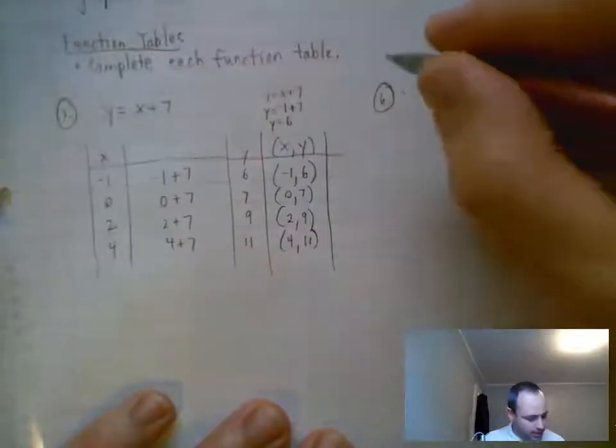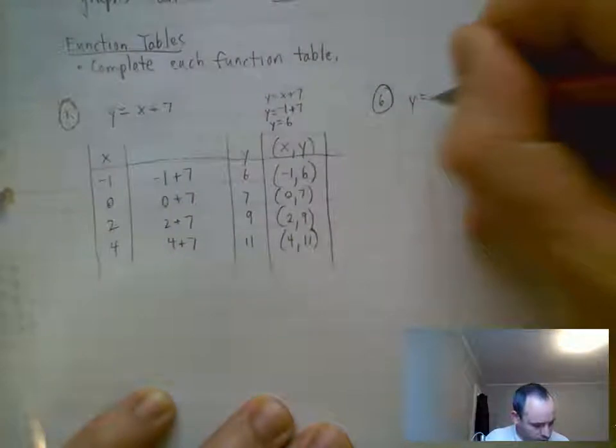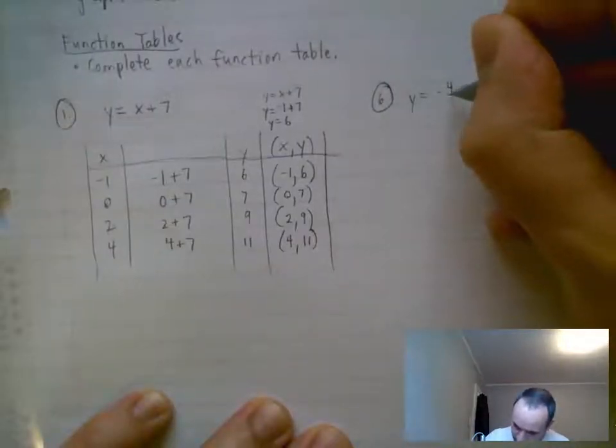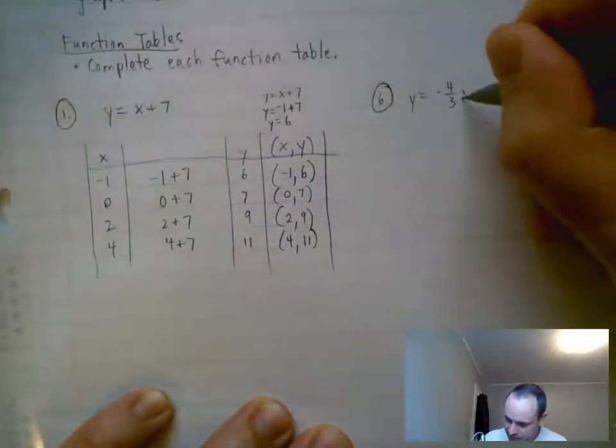All right, so number 6, do this one together with me. This one says y equals -4/3 x plus 11.